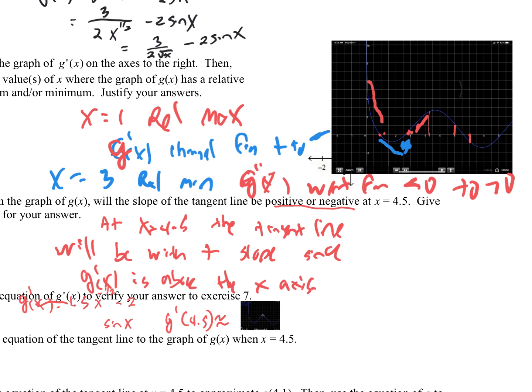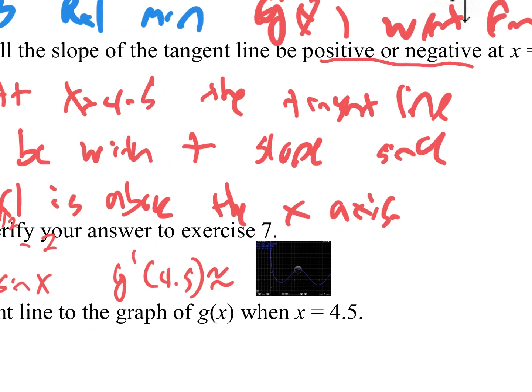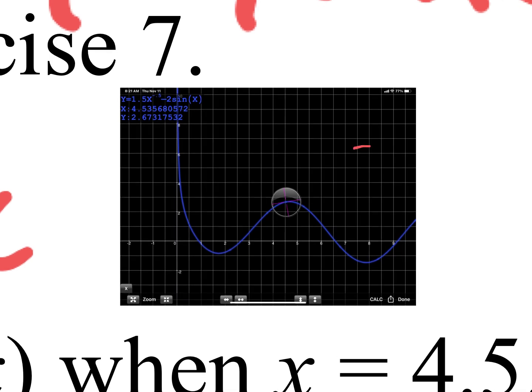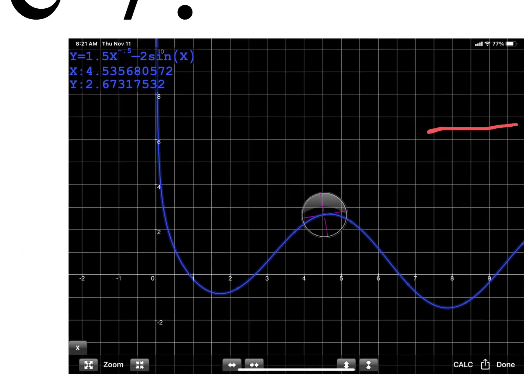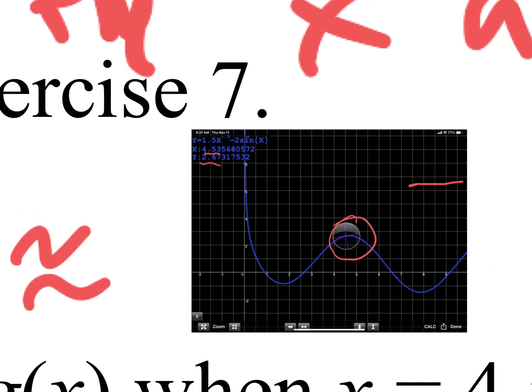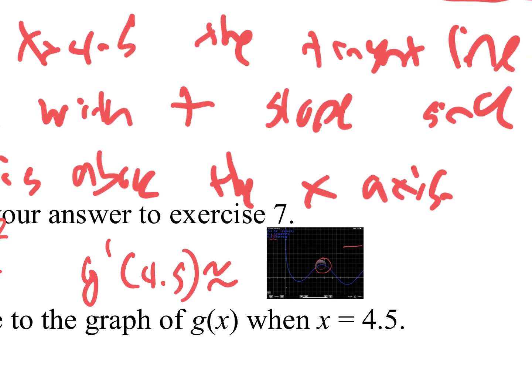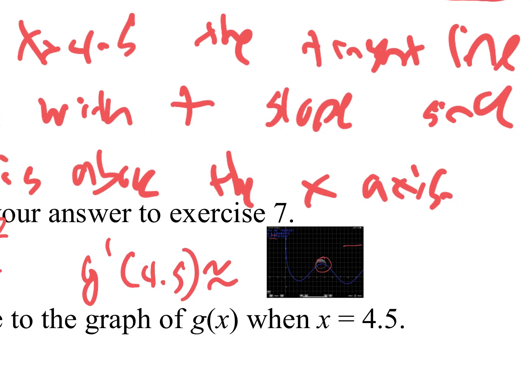Okay, I put the picture, and let me zoom in here to see what I find. I found that at around 4.5, y is a positive 2.6 something. There it is, above the x-axis. So it matches, all right? So g prime of 4.5 equals approximately, well, I better put what that was.